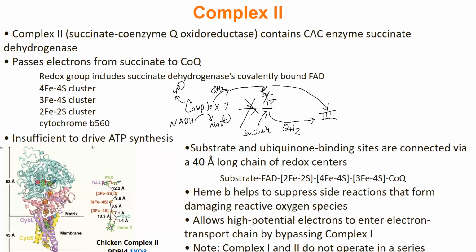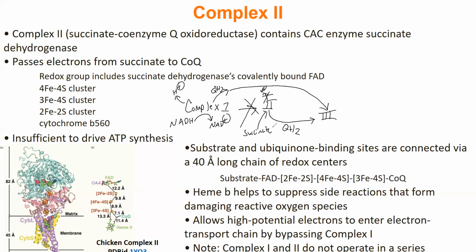So the question is, why do we do this? And the reason is because those electrons are still useful for us further down the line, right? That Q, as we're going to see today, can still do a lot of cool biochemistry, can still pump out protons later on in the process. But from complex 2 directly, no, you cannot pump out hydrogens.